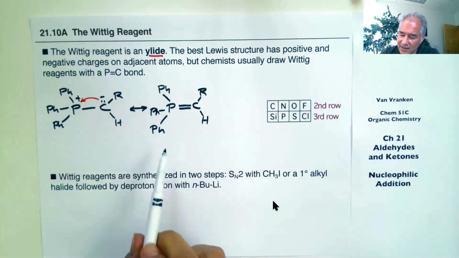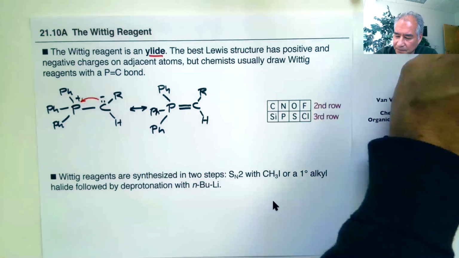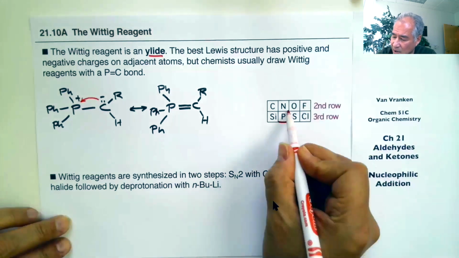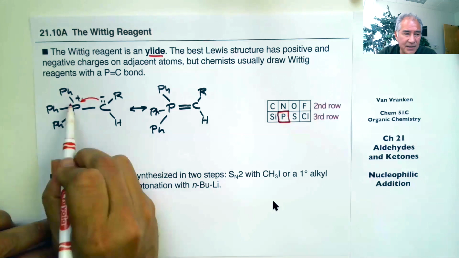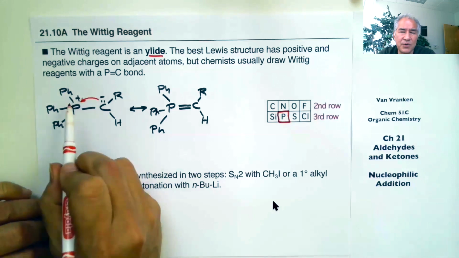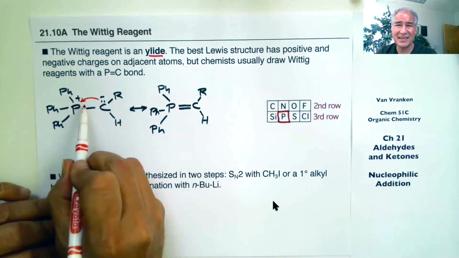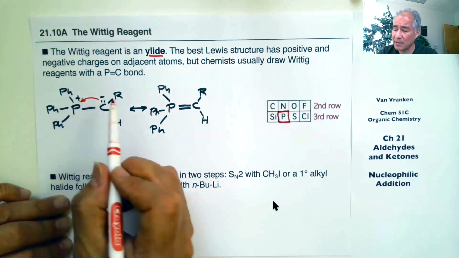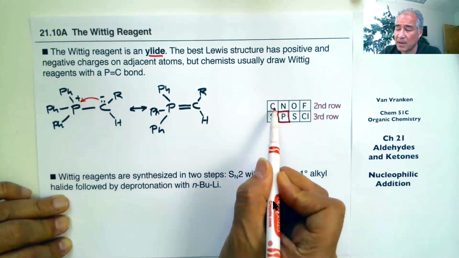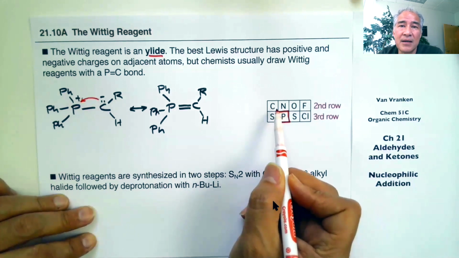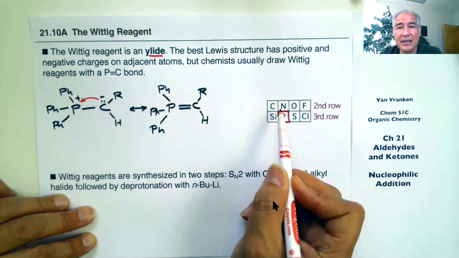The reason why this is not a very good resonance structure is because phosphorus is a third row atom. And the orbitals on phosphorus, the empty p orbitals that you would donate into, are huge. Those are big p orbitals. They're not the right size for making stable double bonds. You form stable double bonds only between second row atoms: carbon-carbon double bonds, carbon-nitrogen double bonds, carbon-oxygen double bonds.